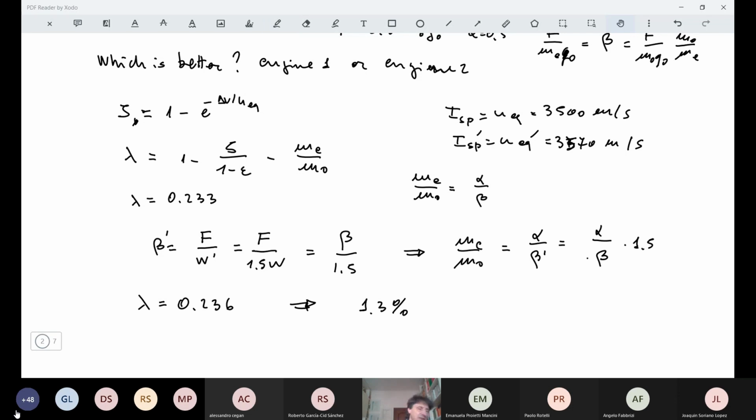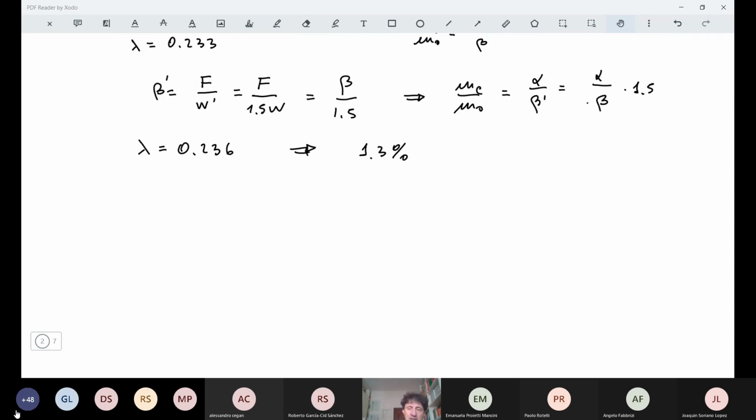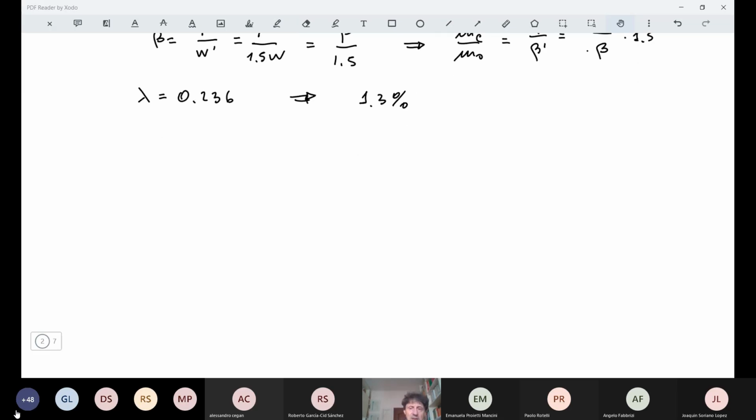So I still have another exercise, then we will just give the text, and then we'll stop. The exercise number 3 will be a case for a reusable stage that has to provide a payload delta V of 2500 meters per second.